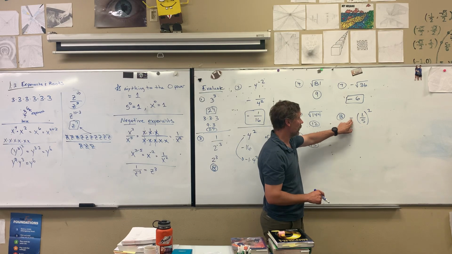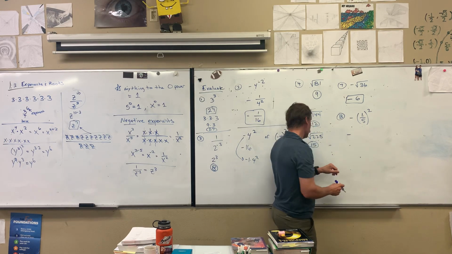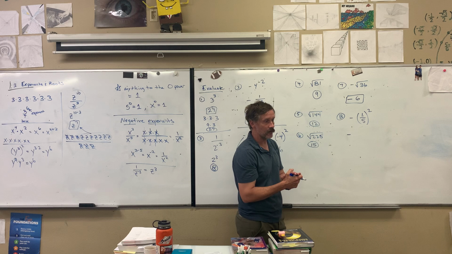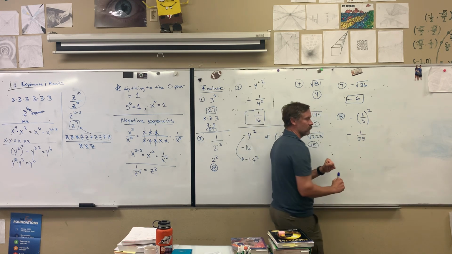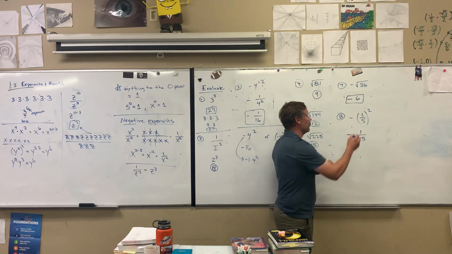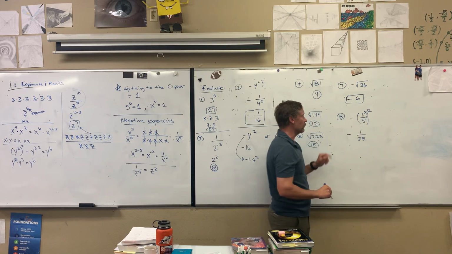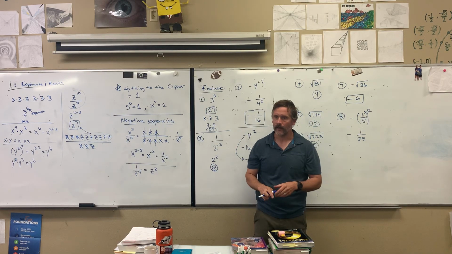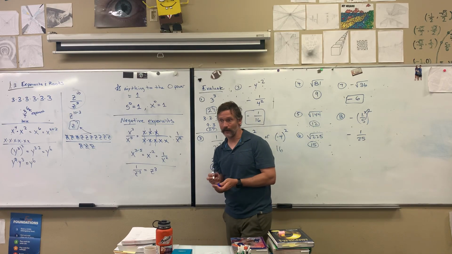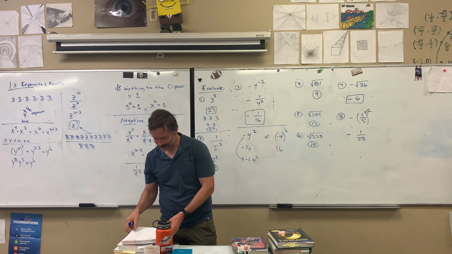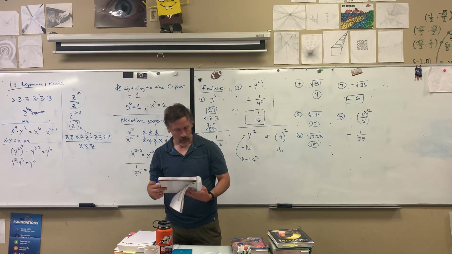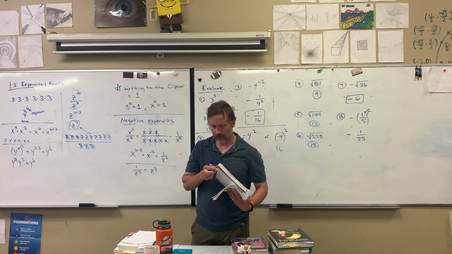So our final answer is going to stay negative. And then what's 1/5 squared? 1/25, because you distribute the exponent in, and it's 1 squared and 5 squared. And 1 squared is 1. Sometimes people might make the error and call it 2. Don't do that.